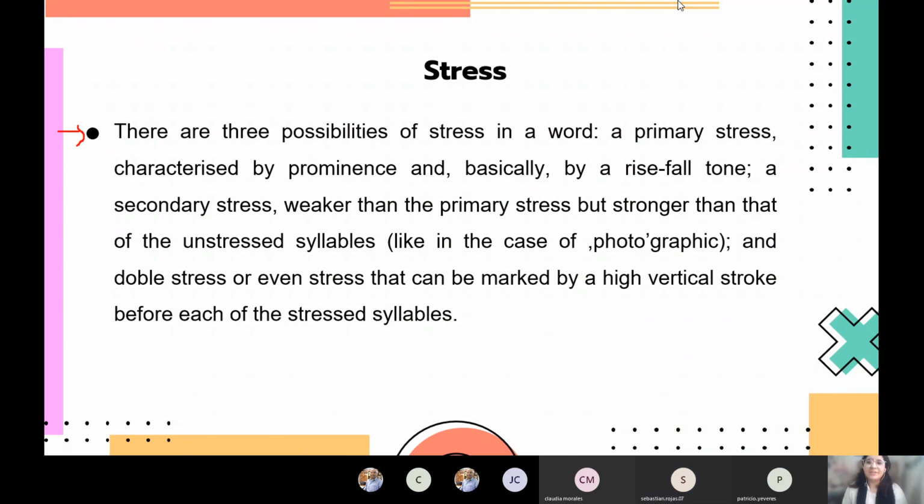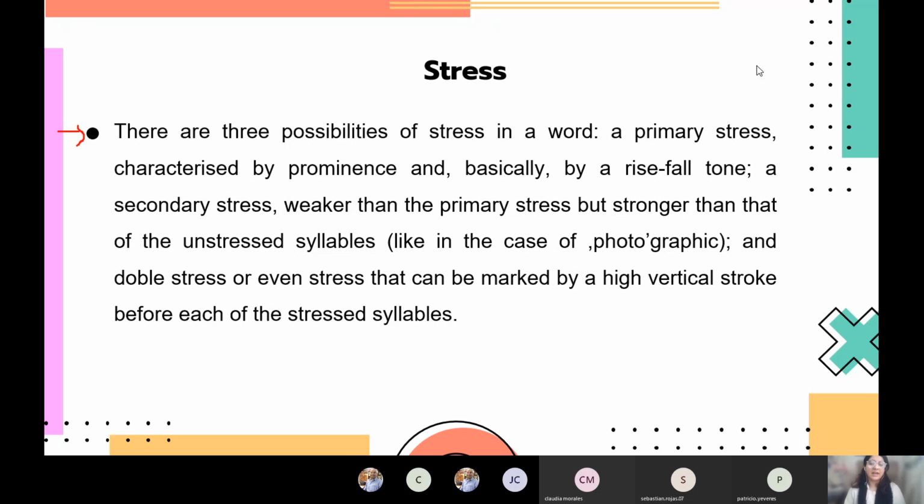So this is something we all already know, that we have three types of stress. The first one, the most prominent one, is called primary stress. The secondary stress is weaker than the primary stress, but it is stronger than unstressed syllables.